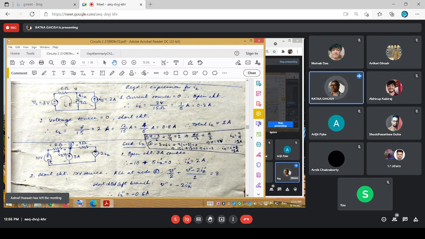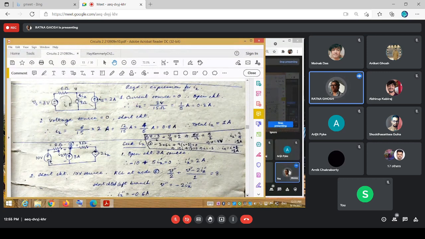So using the superposition theorem, you would take the effect of one source and kill the other. Killing this one means killing a current source, so it's an open circuit. If you're open circuiting it, this is going to supply just in this particular loop itself. So what is the current through this one?